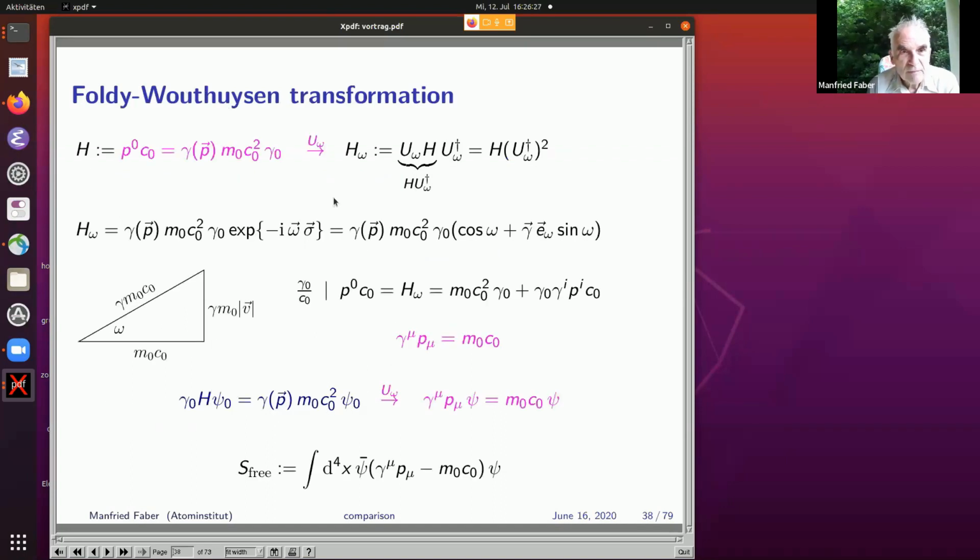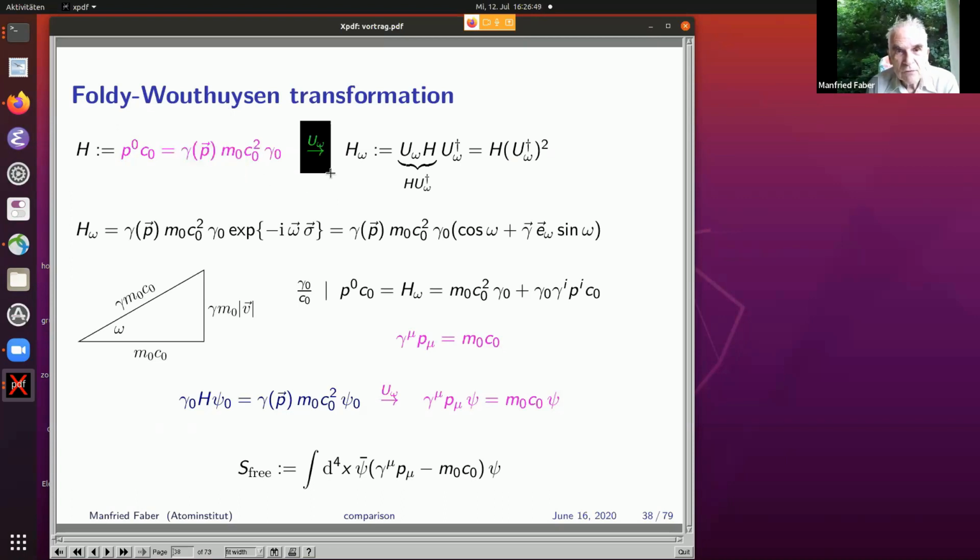And this I use in order to make a Foldy-Wouthuysen transformation. I start from the Hamiltonian of the particle at rest. If I move it, then I have gamma 0 m0, because the mass is increasing.